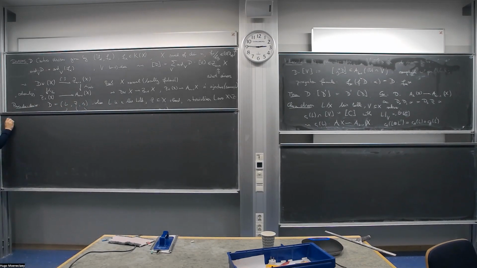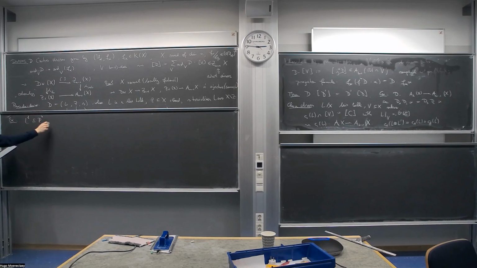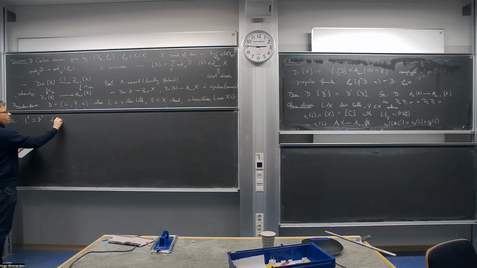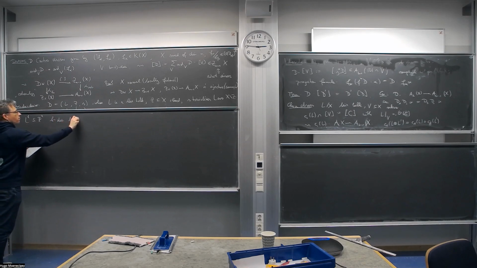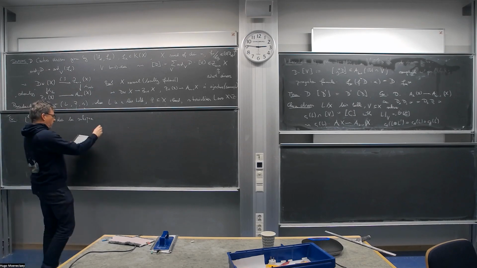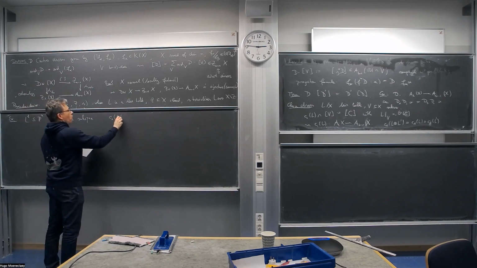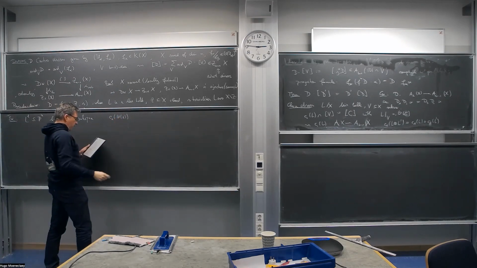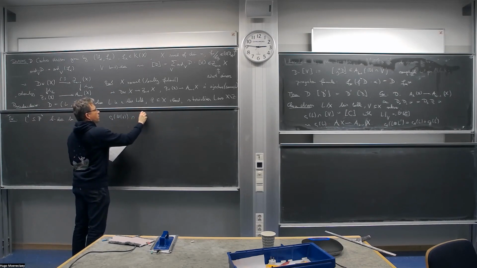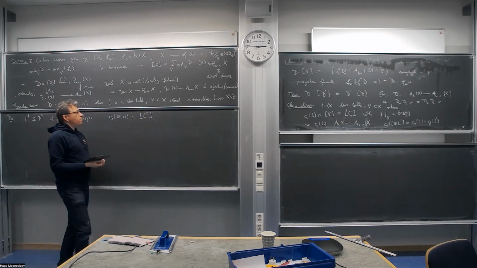And an example which we actually can do as well: L_k is a k-dimensional linear subspace. And then what we can do is take c_1(O(1)), we know what this is, and then we intersect with this class.